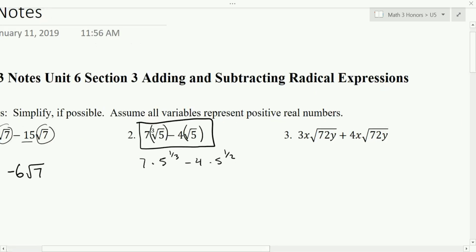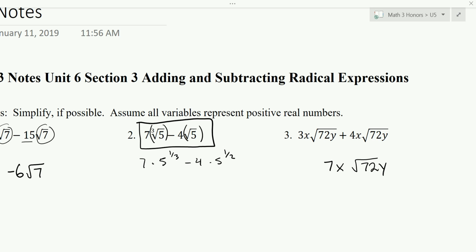On number 3, what would we get if we added these? Seven x square root 72y. Okay, and then you also want to keep in mind, can you simplify further?